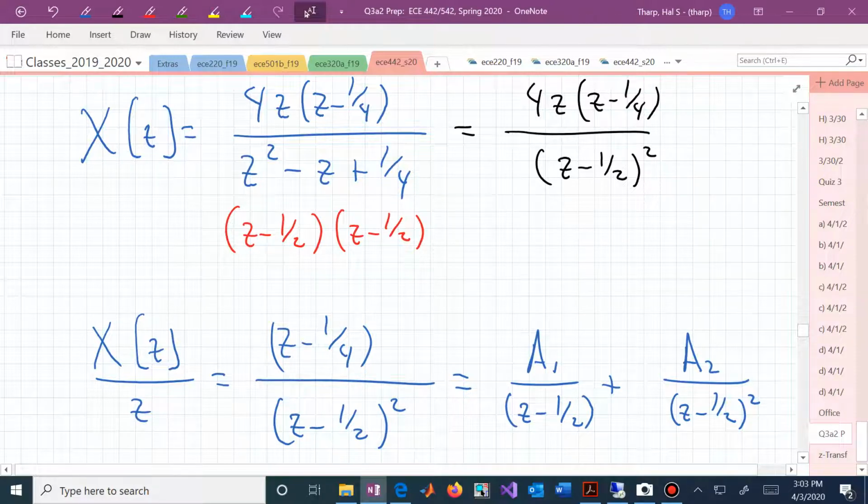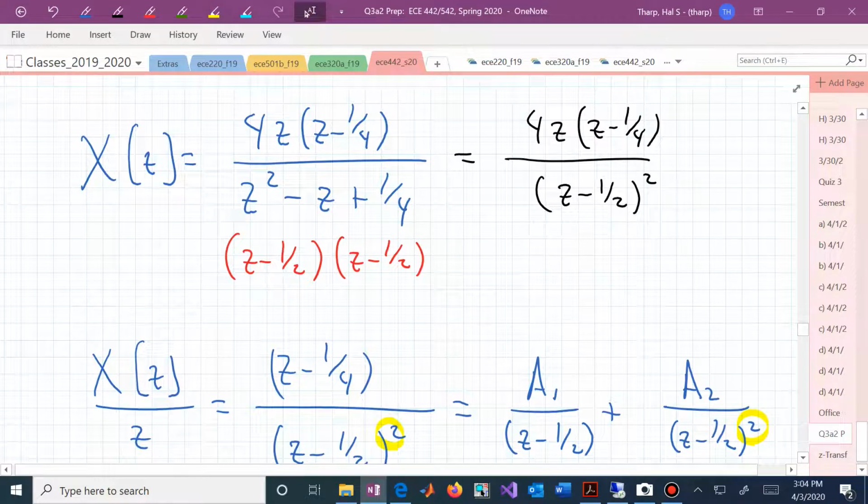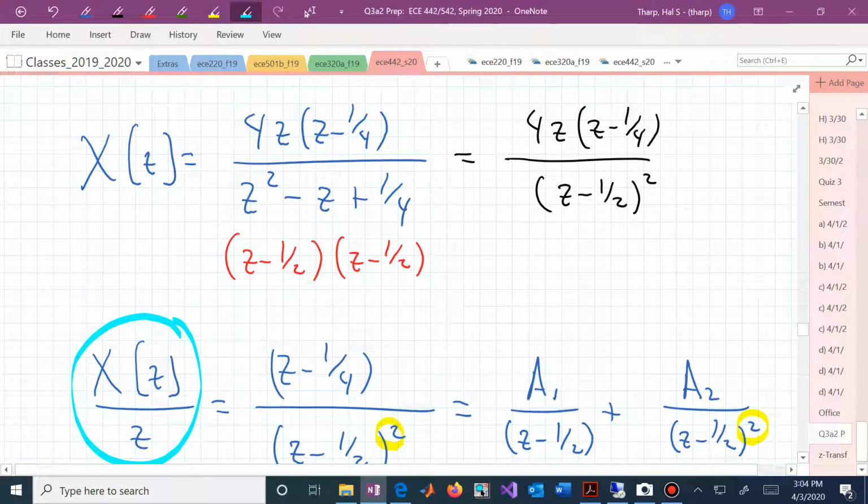We simply look at that factor and keep including more partial fraction expansion terms until we've made our way up to a term that includes that repeated factor with the highest power that existed. In this case, we have a1 over z minus 1/2. Again, we are partial fraction expanding X of z over z so that when we look for the inverse z transform of capital X of z, we are guaranteed a z in the numerator.